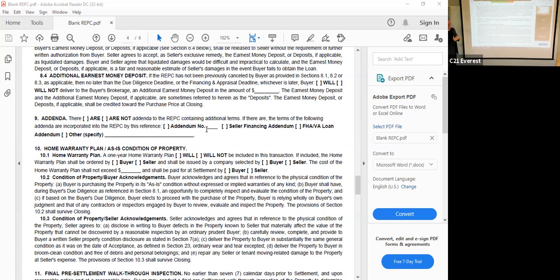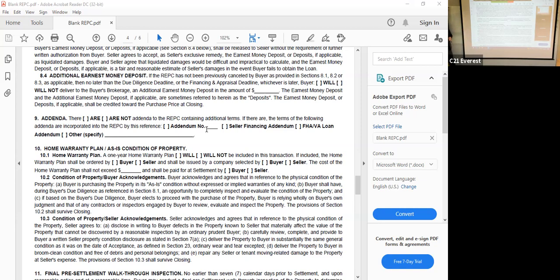If I represent the seller, we're gonna counter the offer. How do I counter the offer? Within a counter offer, I know, but I want you to walk through it. So you first have the REPC. What am I doing with the REPC? Remember, I'm okay with the terms of the REPC. You agree to. Do I accept, counter, or reject the REPC portion?